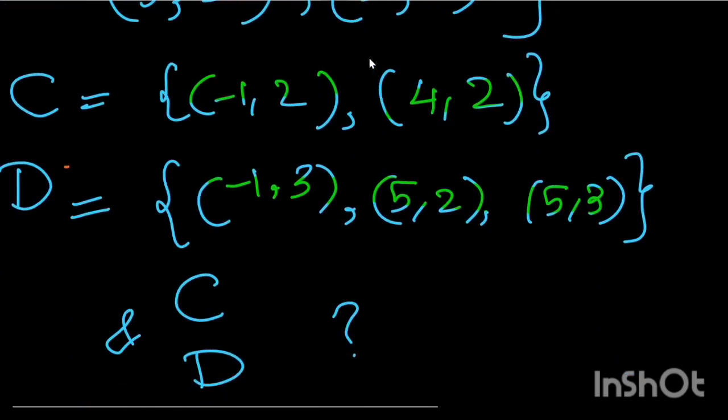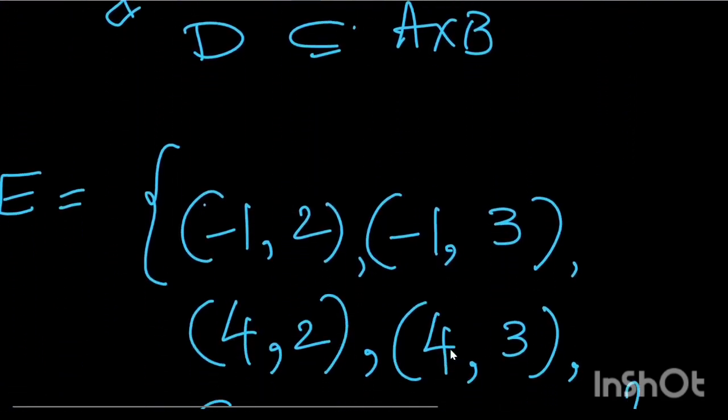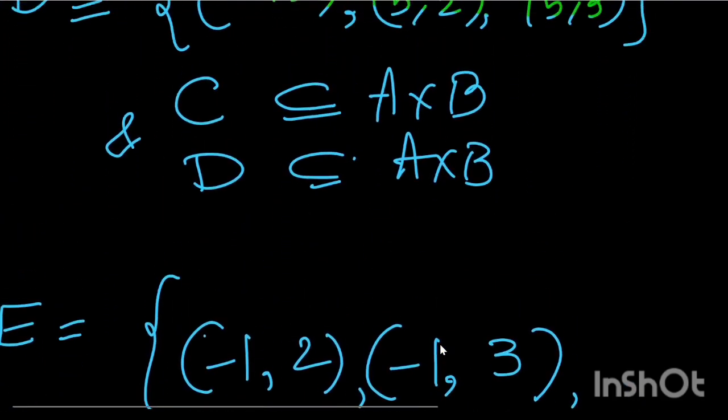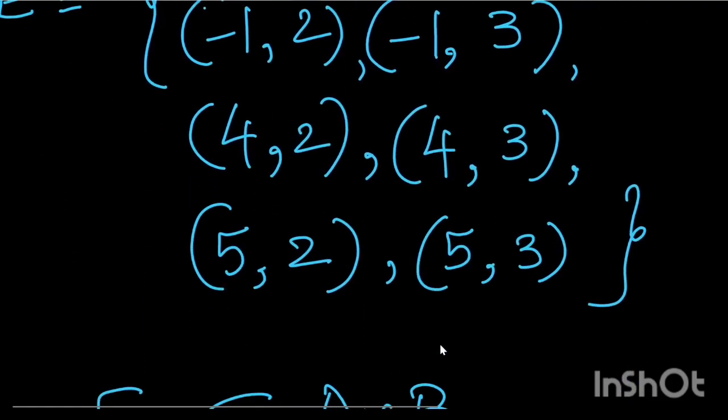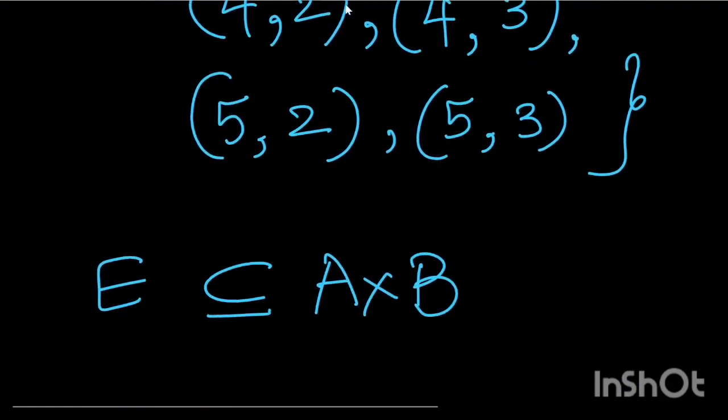So what are C and D? The question is this. As you can see clearly, C is a subset of A cross B, and so is D. So C and D are subsets of A cross B. Let's define a set E, which is exactly the same as A cross B. In that case as well, we can say that E is a subset of A cross B. However, it is equal to A cross B as well.